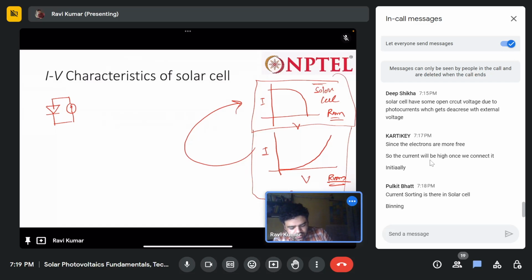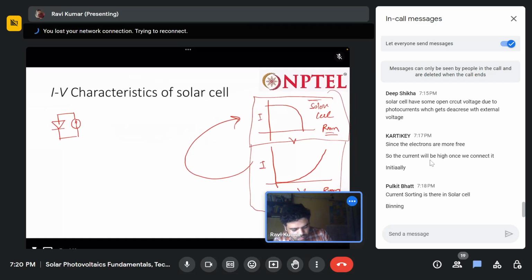We can represent a solar cell like this. This is a solar cell and this is the direction of current. And here we apply load.